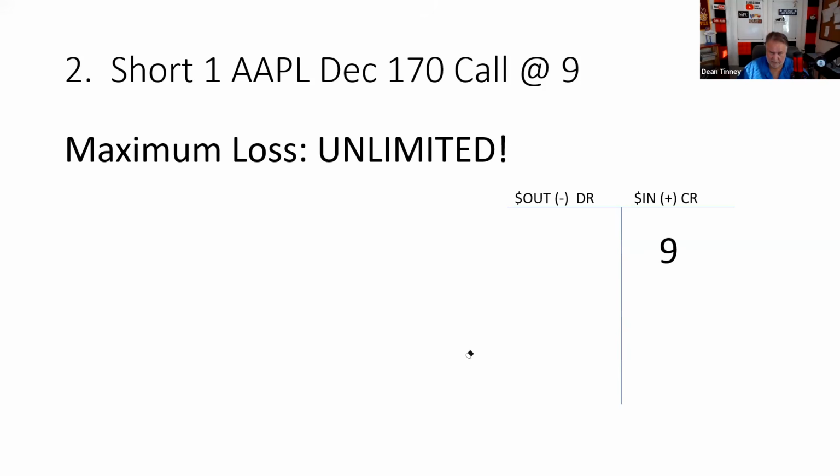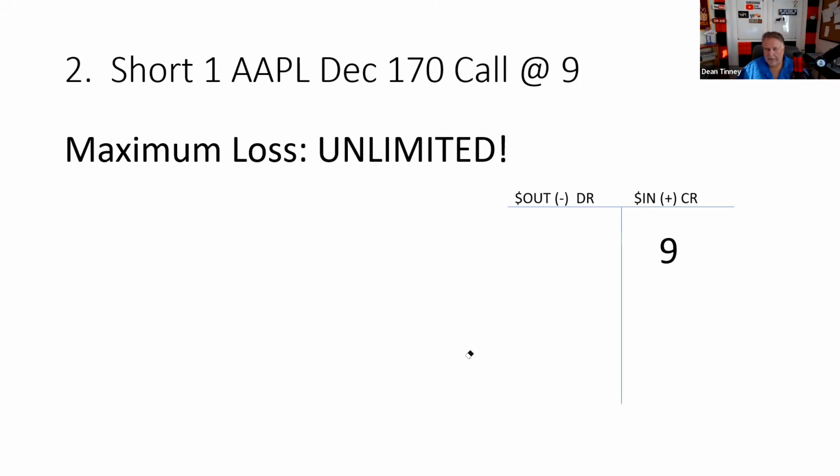At expiration, an option contract is only worth its intrinsic value. If the contract has intrinsic value, the contract will be exercised. This is a 170 call and Apple's north of 170, so this contract is getting exercised. If the contract has no intrinsic value, the contract expires worthless. 999 more times.